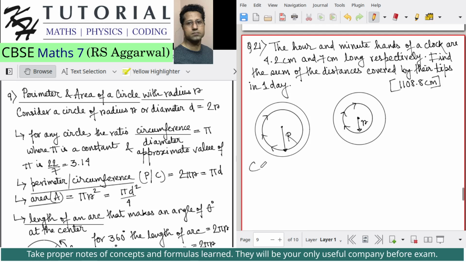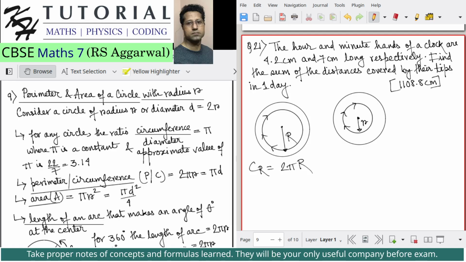So the circumference is 2 pi capital R. The problem has asked for the sum of the distance covered by the tips in one day. So in one day we need to find how many rotations the hour hand is making and how many rotations the minute hand is making.